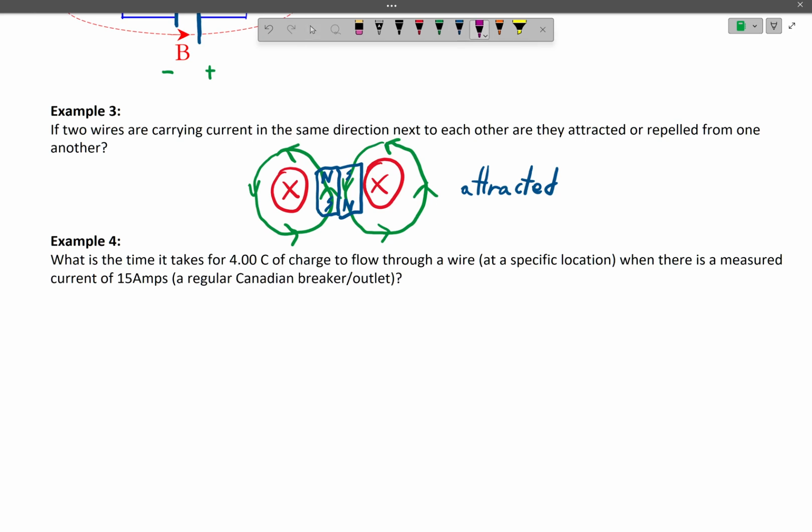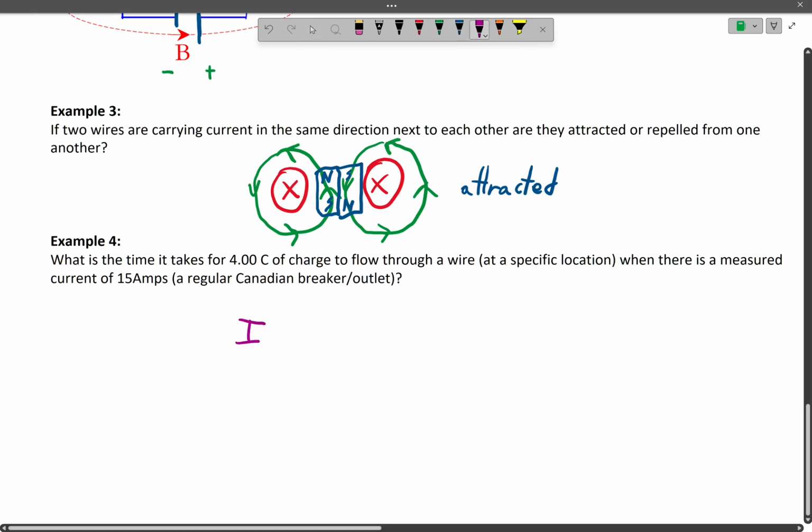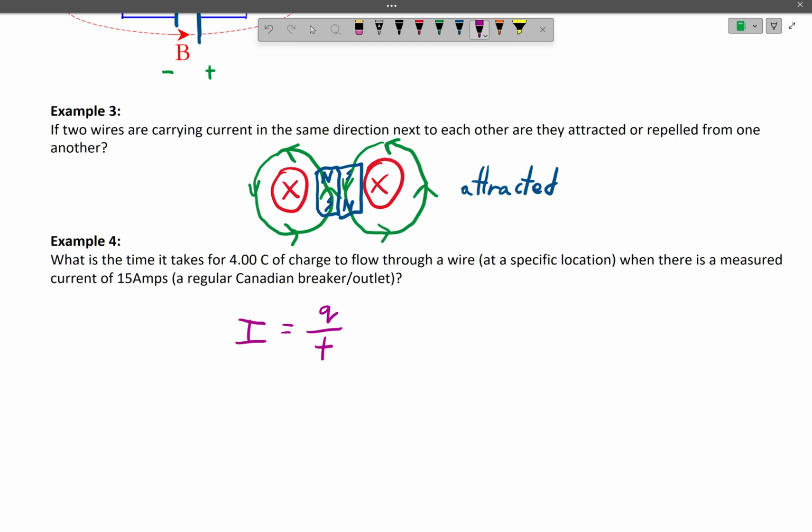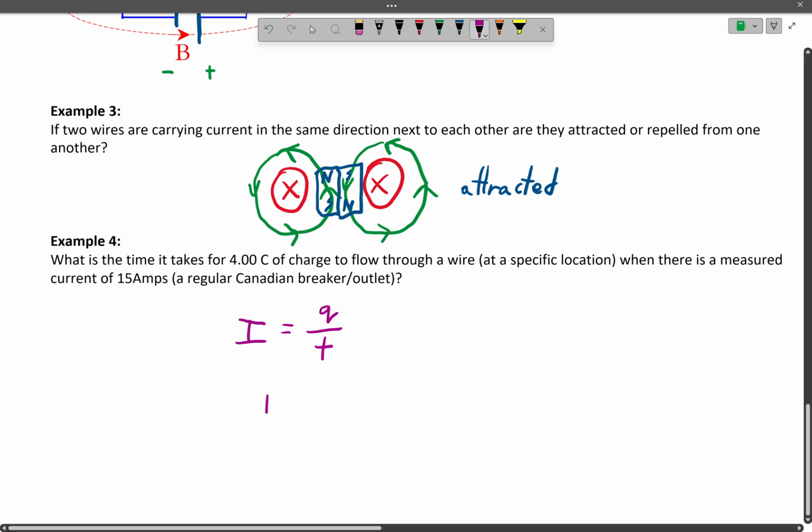So with all that in mind, I believe that our formula was I equals Q over T. Okay, so we're looking for the amount of time. So we're going to just rearrange this. So T equals Q over I. So 4 coulombs of charge and 15 amps.